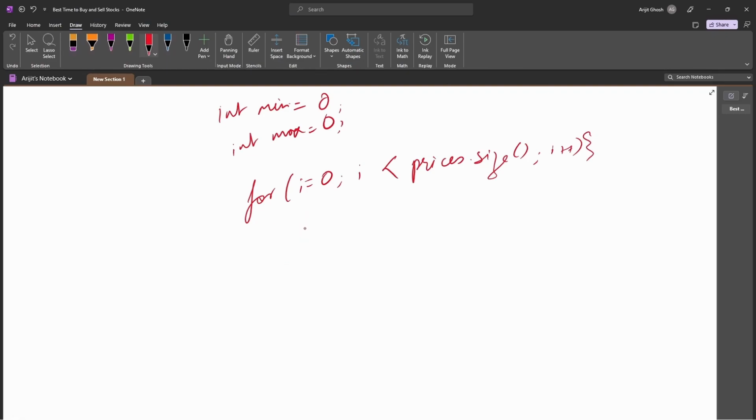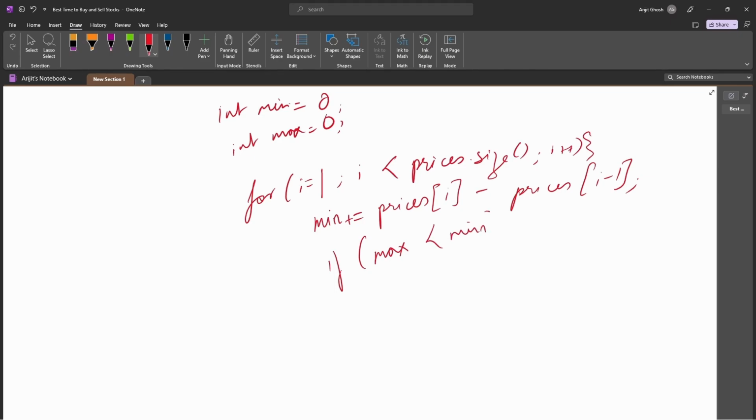Inside that for loop, we would write simple code: min plus equals prices. Sorry, I forgot one thing to mention, it is just a typo from my side. I would start from 1, so the prices of i minus the prices of i minus 1 would be stored in min, the sum basically. If max is smaller than min, we will store max equals min.